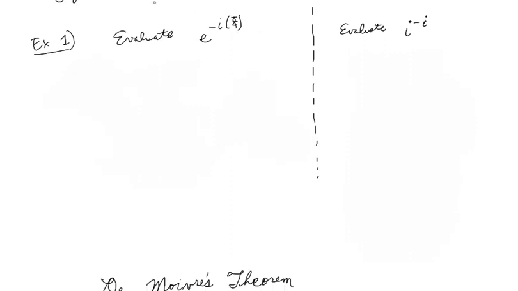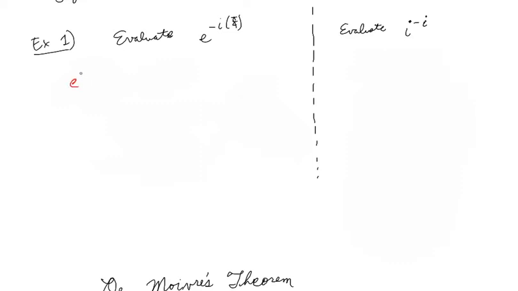All right, so let's look at an example here. It says evaluate e to the negative i pi over 4. So this is obviously in Euler's form. If we can write this in maybe polar form or in rectangular form, that would help us. So how do I do this?